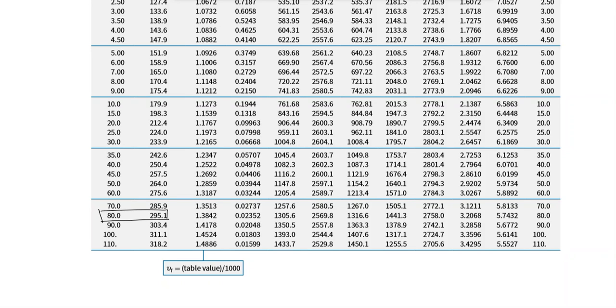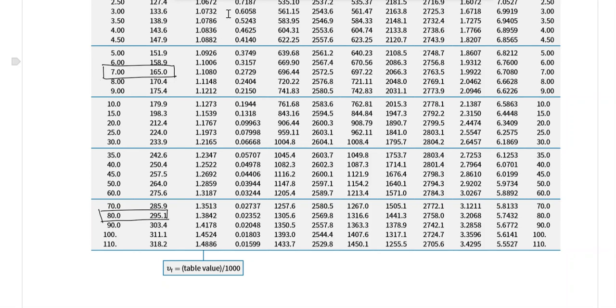Also, let's check 0.7 megapascal, where the temperature is given as 440 degrees centigrade. Here, at 7 bar or 0.7 megapascal, the saturation temperature is 165. So again, 0.7 megapascal and 440 degrees centigrade is in a superheated region.